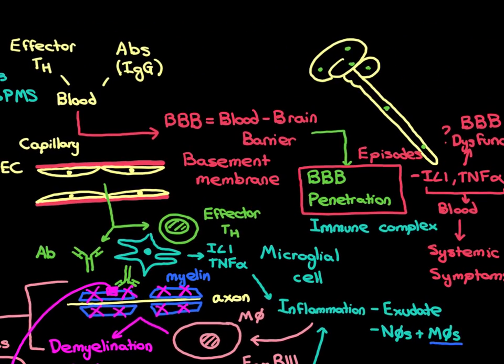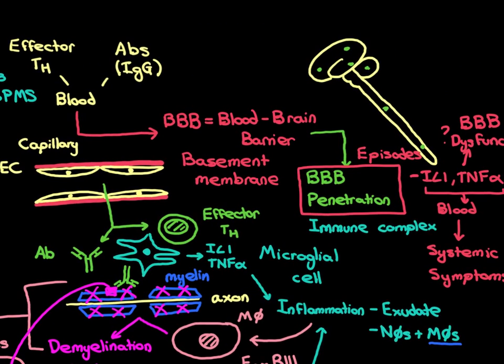So what has to happen then in stage 3 is the individual has to suffer from an episode where blood-brain barrier penetration occurs in certain areas of the central nervous system. So the blood-brain barrier has to, for some reason, allow the antibody molecules and the effector helper T cells to come from the bloodstream into the brain tissue in regions within the central nervous system, which we've marked in green here on our picture.